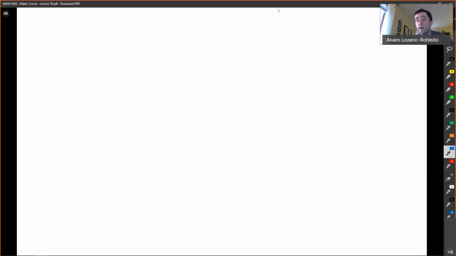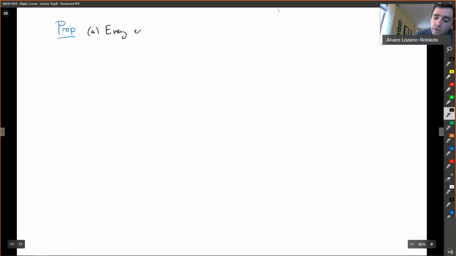I can't always find an elliptic curve that is minimal at all primes. Here's the statement of what I just said: every elliptic curve E over K, where K is a local field, has a minimal Weierstrass equation.